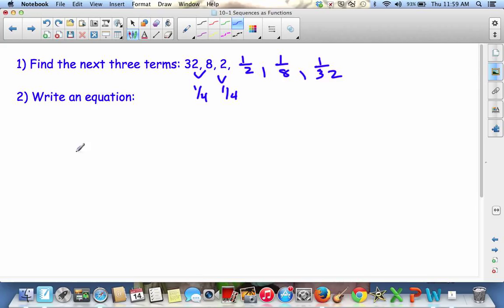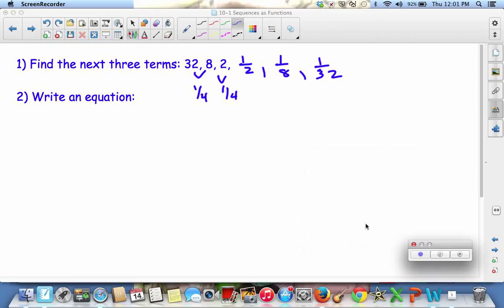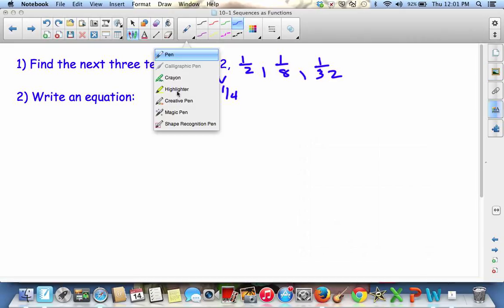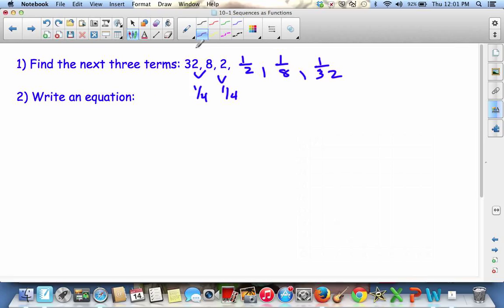So writing an equation. Now we need to look at the graph for this. And before we look at the graph, let's make a table instead. So the first term is 32.